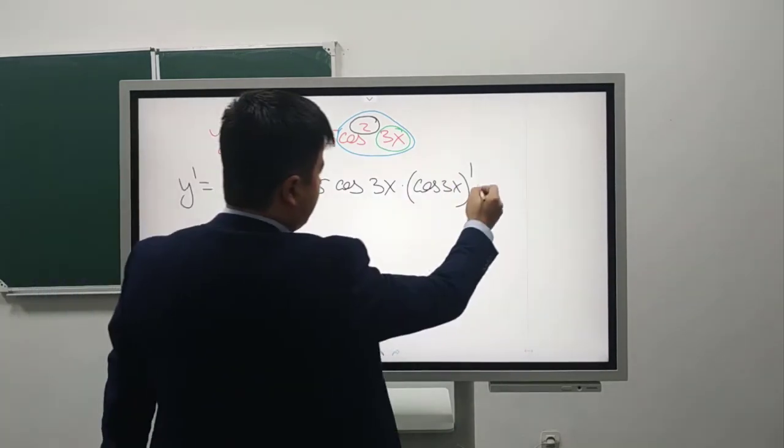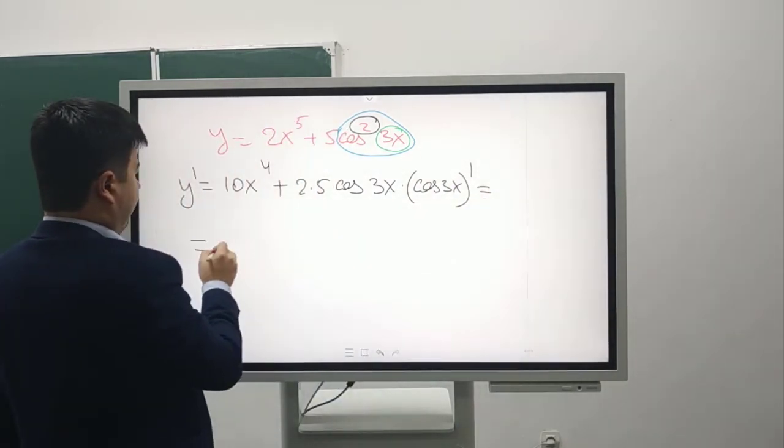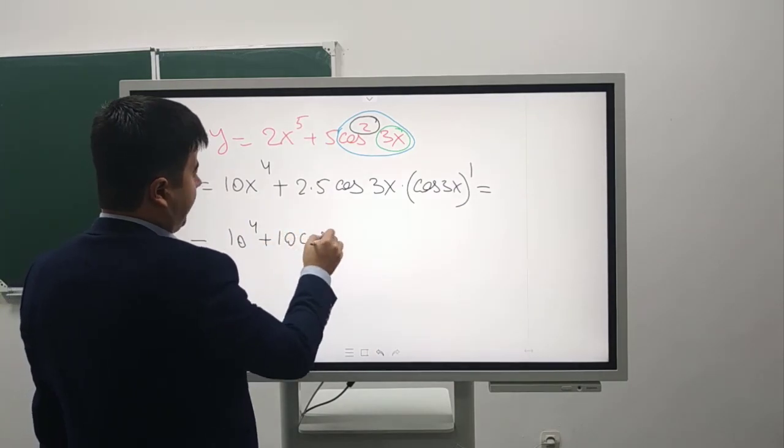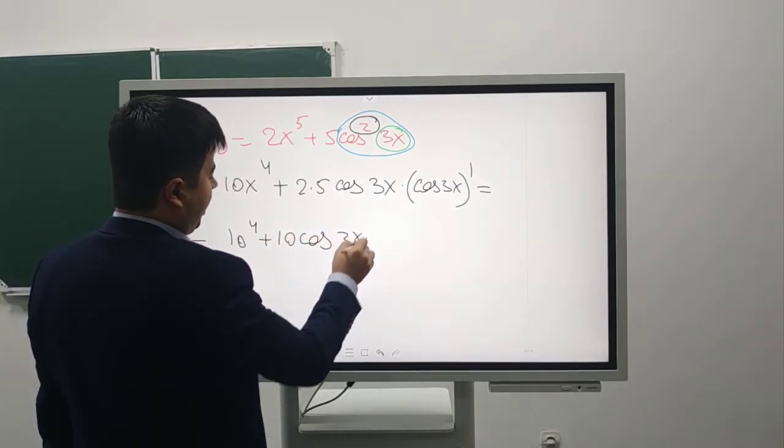Okay, now we have 10x to the fourth plus 10 cosine 3x times now.